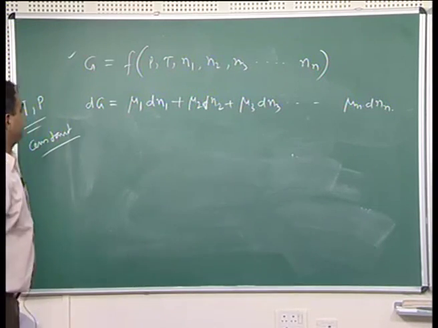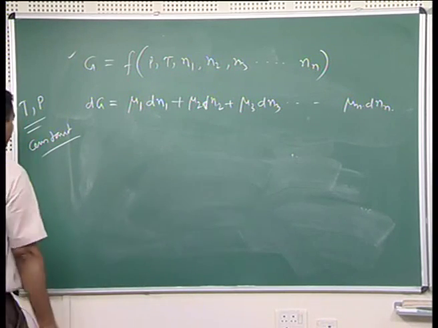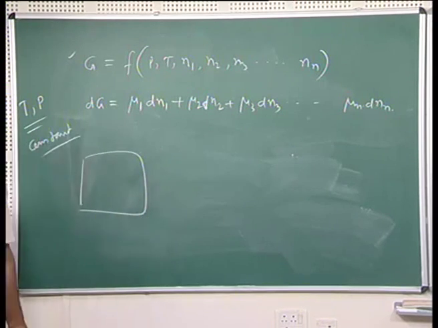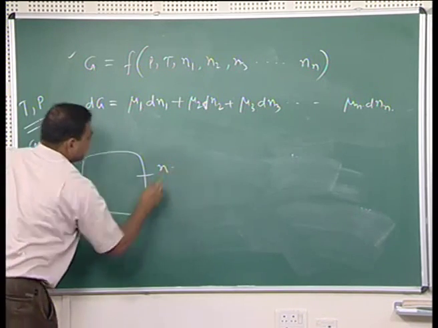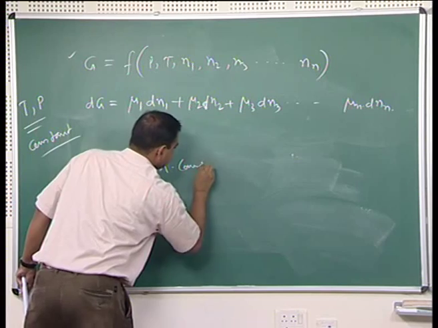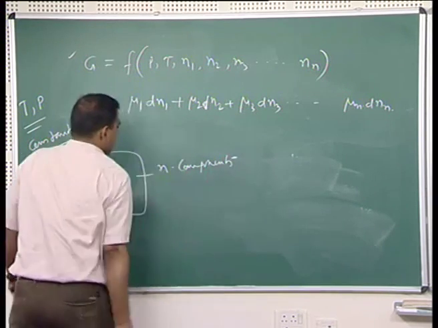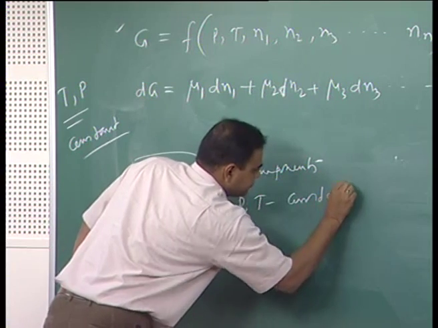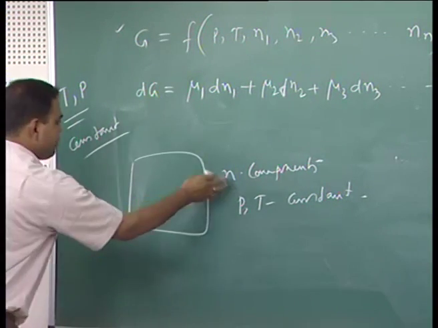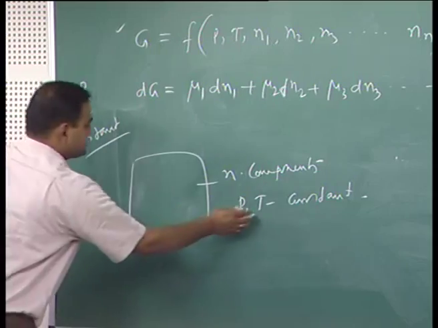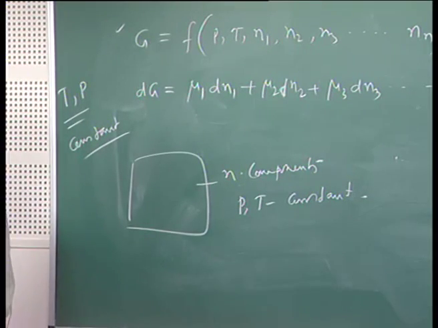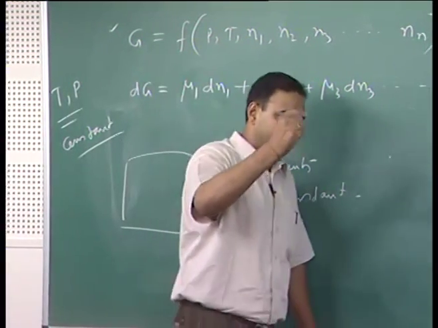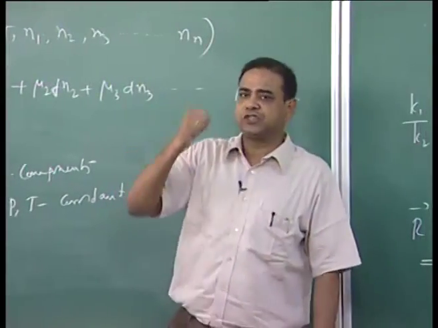Now, let us say you have a system with n number of components, pressure and temperature constant. If you have n number of components, with pressure and temperature both constant, in that case let us say I have a small fraction of change in each component.